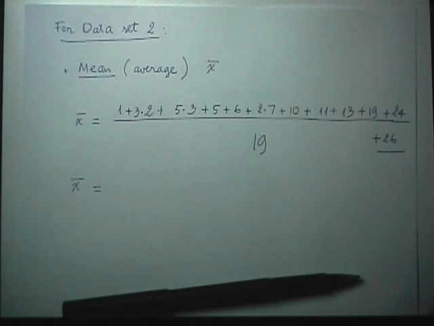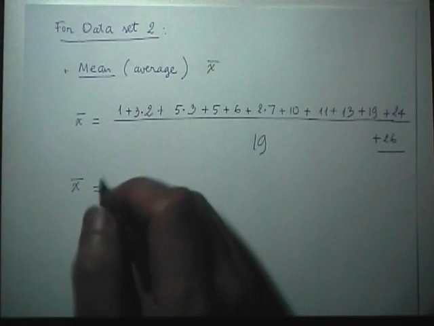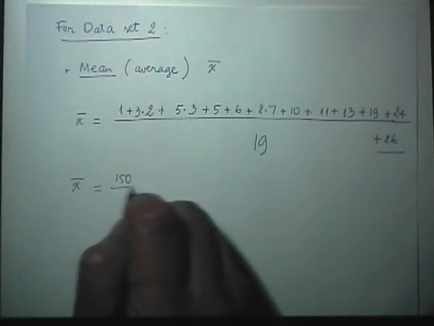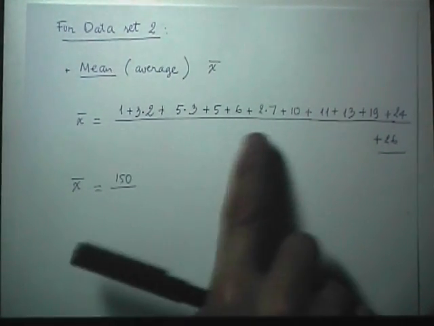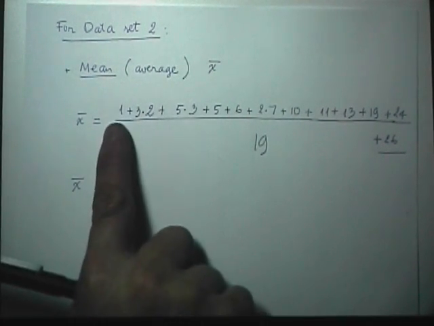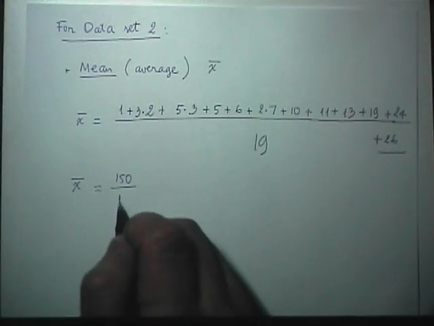All of that I'm going to divide by 19. That gives me a total on top of 150, after adding everything from 1 up to the 26, and you divide it by 19.